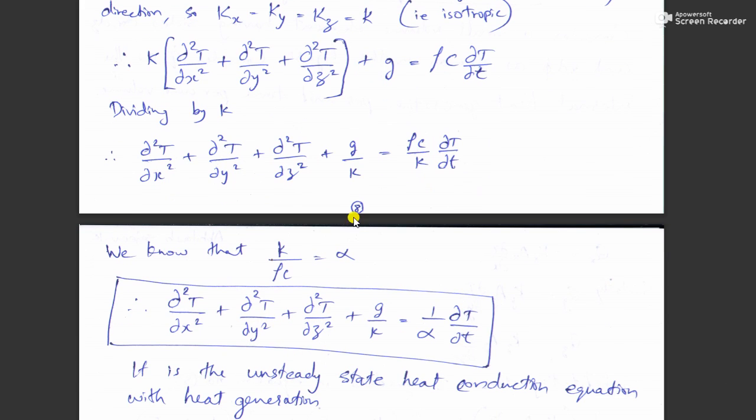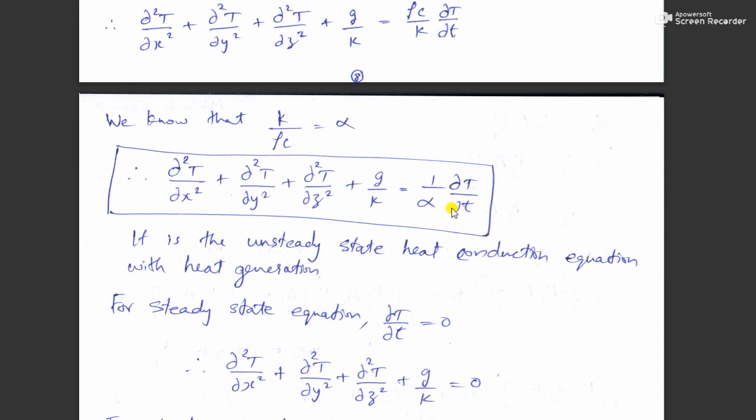We know that k by rho c is equal to alpha. What is alpha? Alpha is thermal diffusivity. So the final equation becomes dou square T by dou x square plus dou square T by dou y square plus dou square T by dou z square plus g by k is equal to 1 by alpha dou T by dou t. It is the unsteady state heat conduction equation with heat generation.